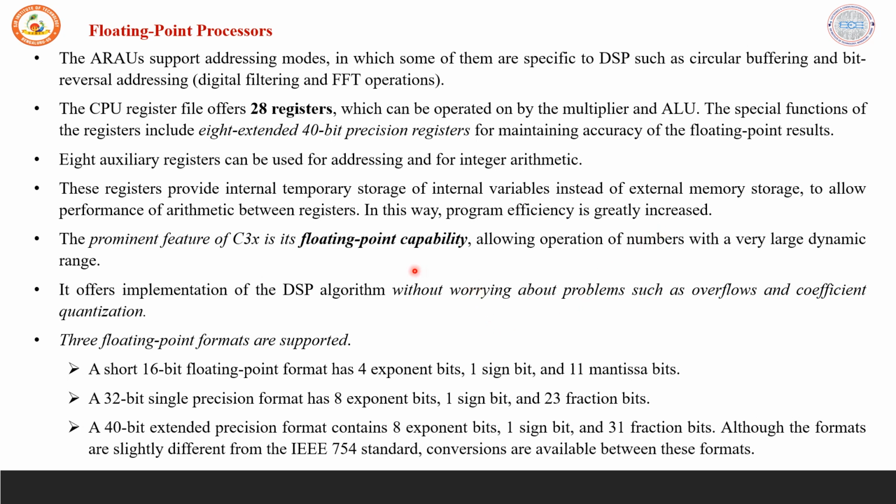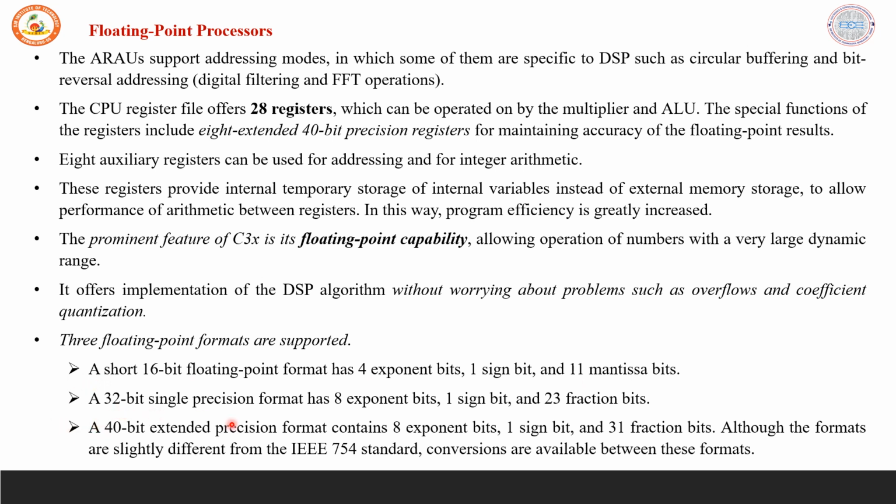The important feature of C3X is its floating point capability. This allows operation on numbers with a very large dynamic range in comparison to fixed point. It offers implementation of DSP algorithms without worrying about problems such as overflow and coefficient quantization. 3 important formats are supported. First, a short 16-bit floating point format where there are 4 exponent bits, 1 sign bit and 11 mantissa bits.